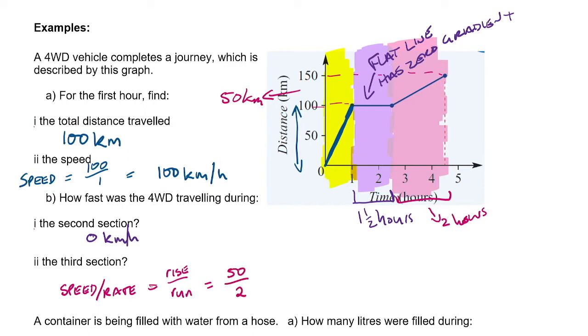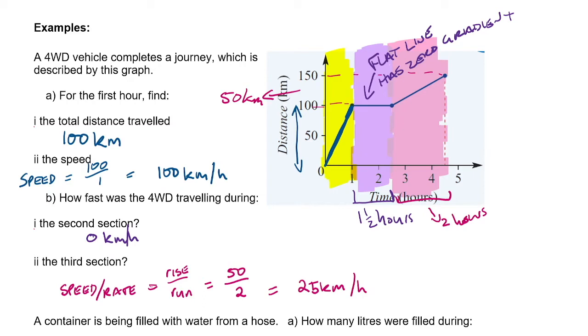So that difference there is the 2 hours, so it's a run of 2, and that difference in the height is 50, so it's a rise of 50. That means our four-wheel drive was traveling at 25 kilometres per hour. So they've actually slowed right down in that last section.